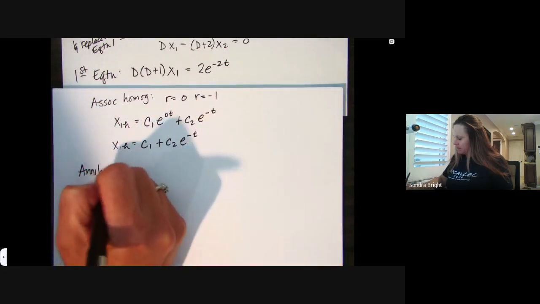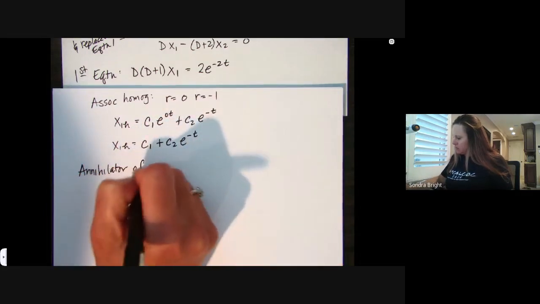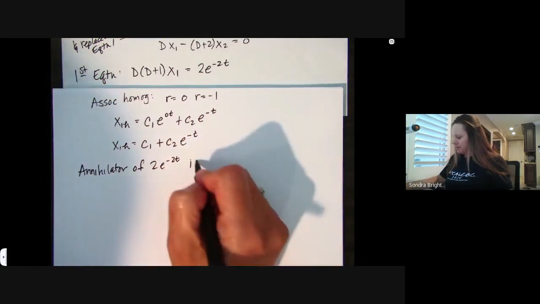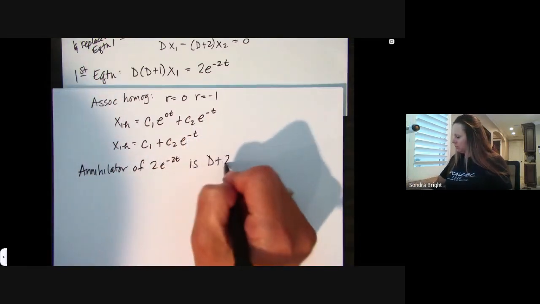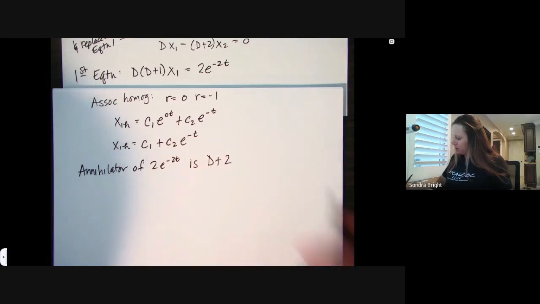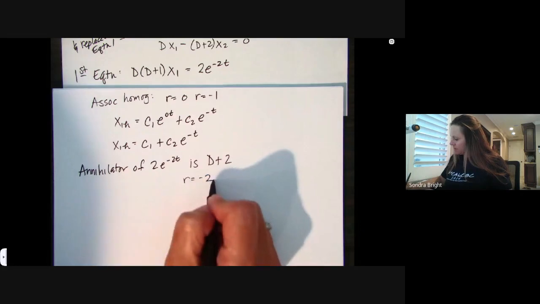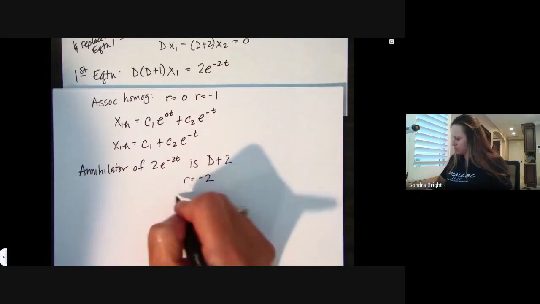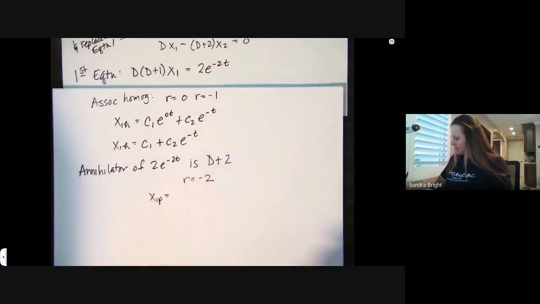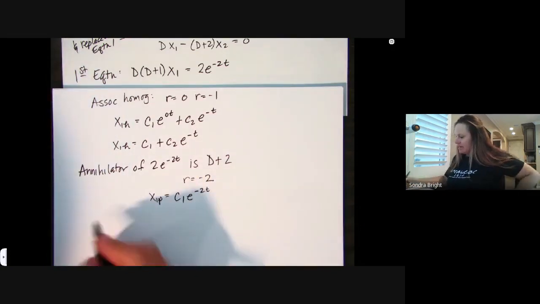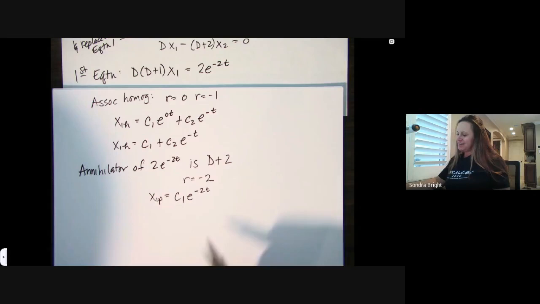So there's the homogeneous. We then need to find the annihilator. The annihilator of 2e to the negative 2t is just D plus 2, which means that your r would be negative 2. And so the particular solution would just be A e to the negative 2t. And then remember what we would do. I need to plug that into this guy, so I need the second derivative of it.